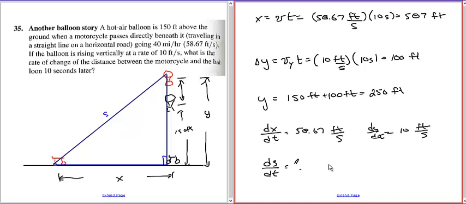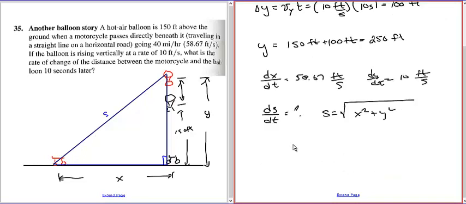The only thing we're going to need is S. So it's the hypotenuse of our triangle. So use the Pythagorean theorem, solved for the hypotenuse. And x is 587 feet, and y is 250 feet.